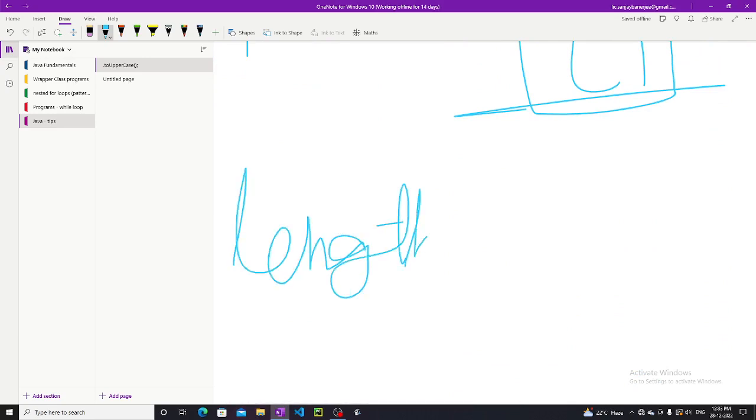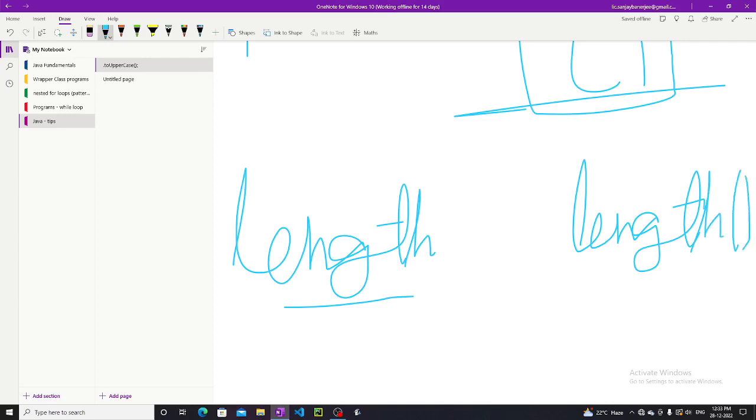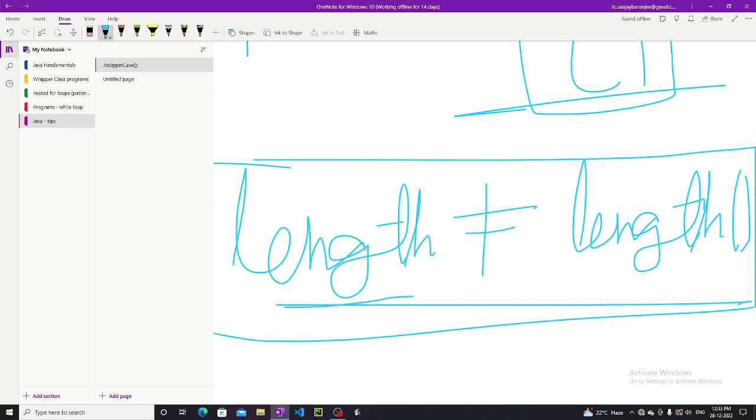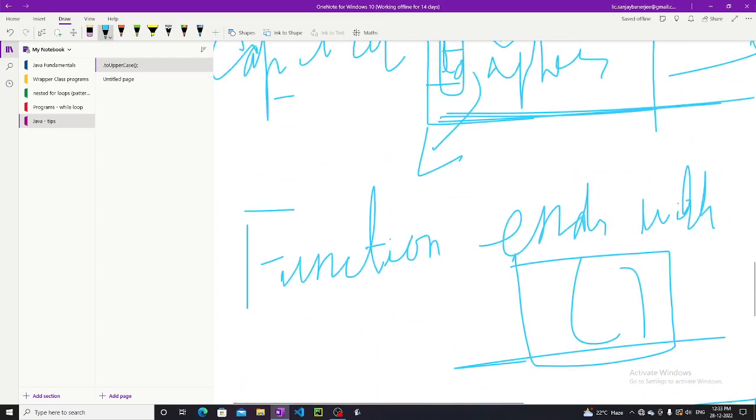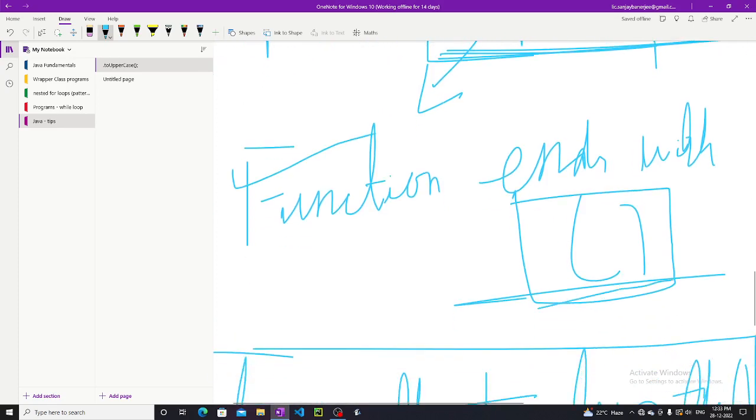That is just written like this, no first bracket open close. That is different. This is one name, and another function name is length with first bracket open close. These two are not the same, those are different. This is the only exception. All other functions you will find following this convention, that it ends with a parenthesis.